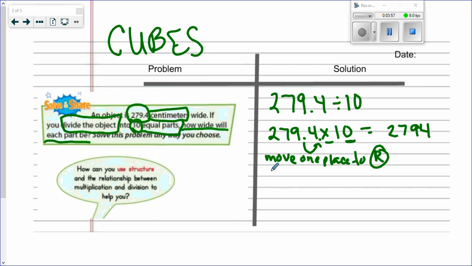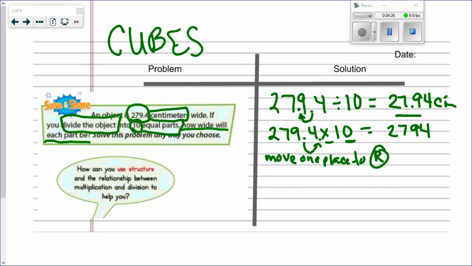Now, if I want to use the same thinking, if I divide, that's the opposite or inverse operation of multiplying. So if I divide this, I'm going to move one place value to the left. And I would get this answer, 27 94 hundredths centimeters.